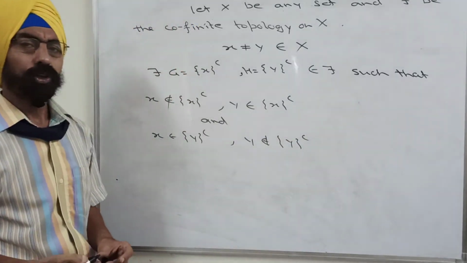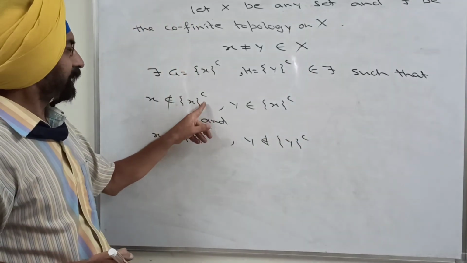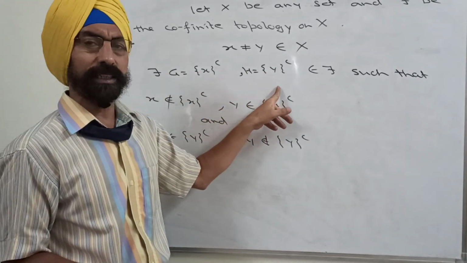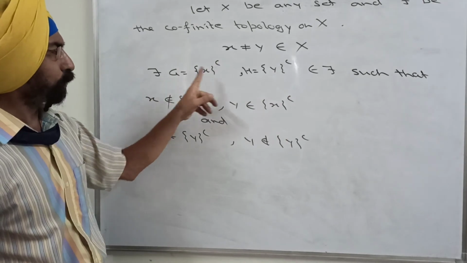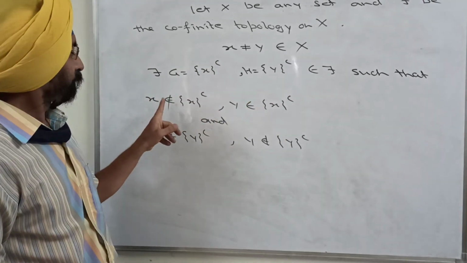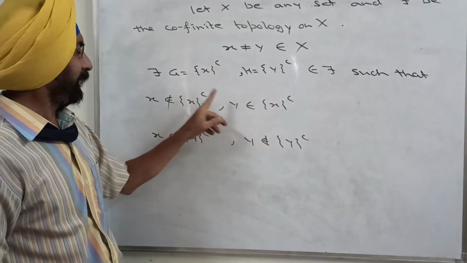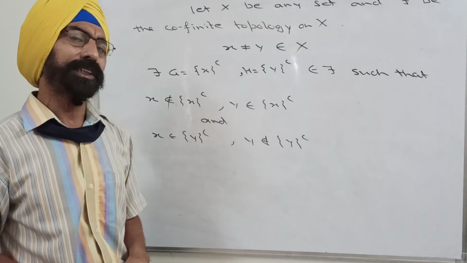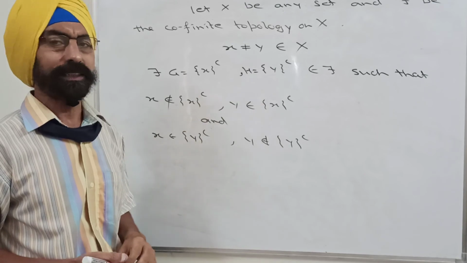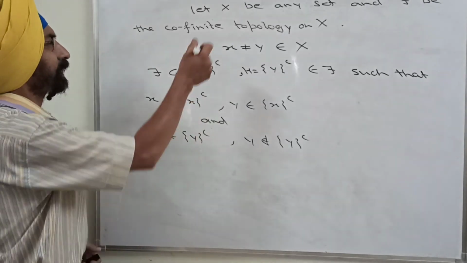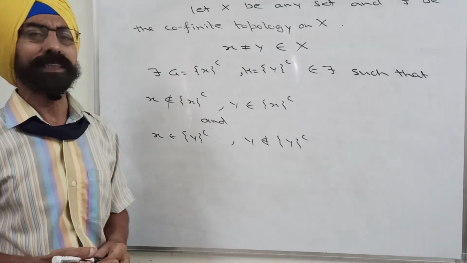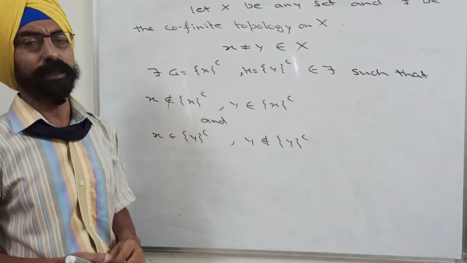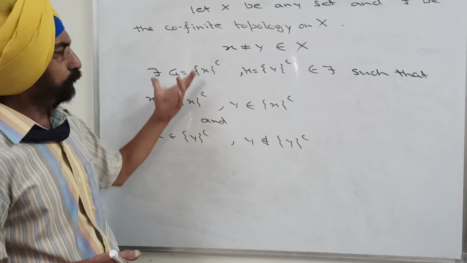G is the complement of the singleton set {x} and H is the complement of the singleton set {y}. So there are two open sets G and H such that one of them contains y and not x, and the other contains x and not y. That means our condition is fulfilled. So this topological space (X, tau), where X is any set and tau is the cofinite topology, is a T1 space.